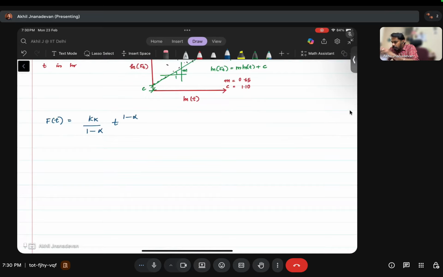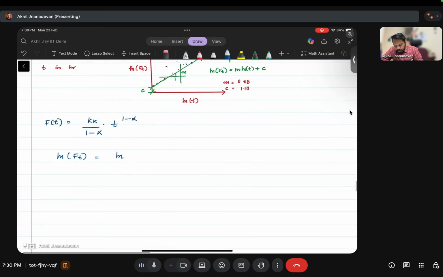If we take the natural logarithm on both sides, ln F(t) is equal to, since log ab is equal to log a plus log b, ln(K/(1 − α)) plus ln of t raised to (1 − α).